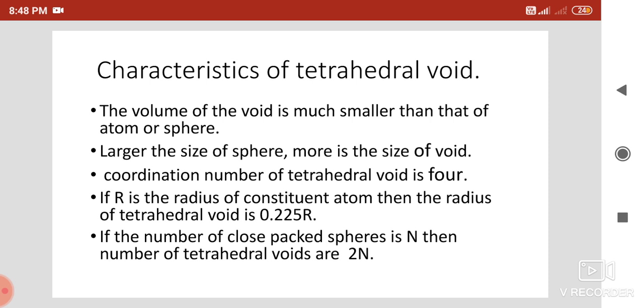And fifth, if the number of close packed spheres in the unit cell is N, then the number of tetrahedral voids is 2N, which means double that. If N spheres are there in the unit cell, then there are 2N tetrahedral voids.